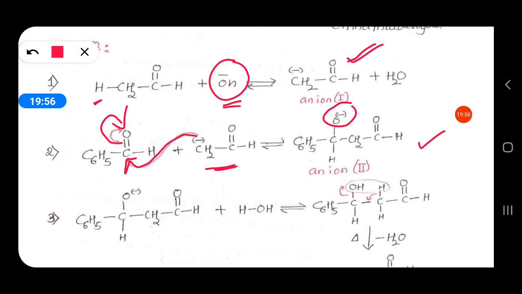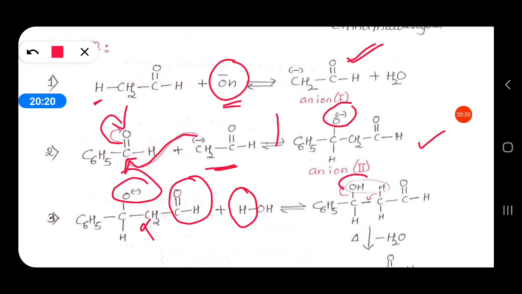In the further step, that anion 2, at the alpha carbon, so adjacent to this functional group, this is called alpha carbon, one of the hydrogen from the alpha carbon is transferred. So this O minus, it will take a proton from this water and becomes OH.